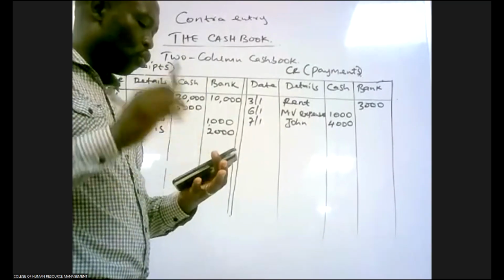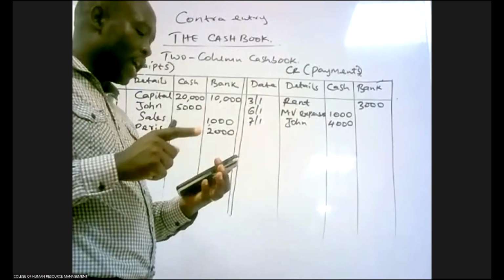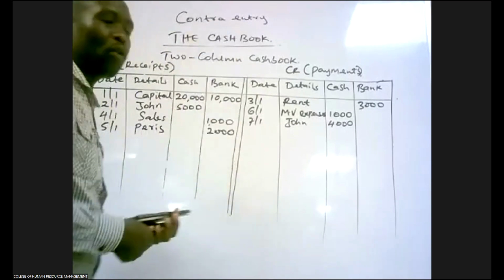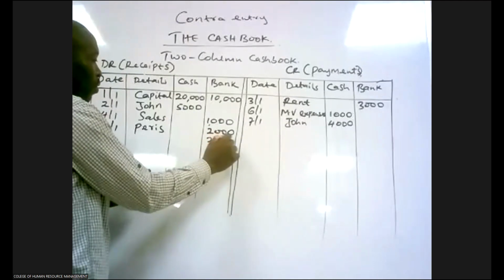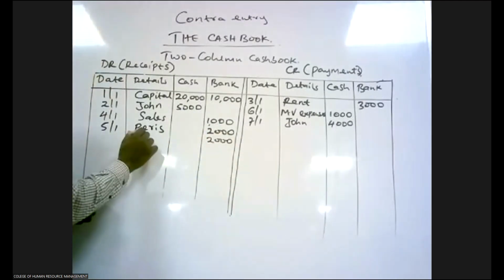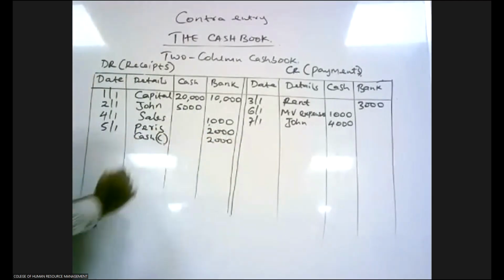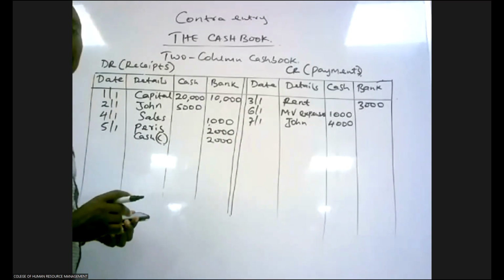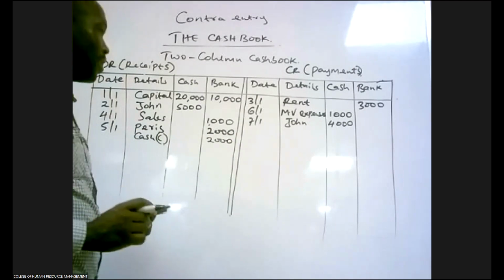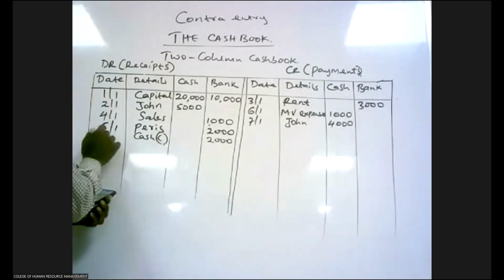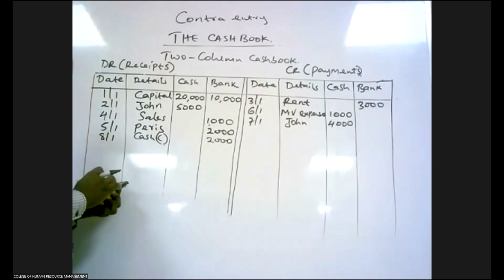In this case, he took 2,000 out of cash and paid it into the bank. So it is the bank that is receiving that money, 2,000. You put it there and you write here where it is coming from. It is coming from cash, and you put into bracket C to mean the contra entry. The date is on 8/1.